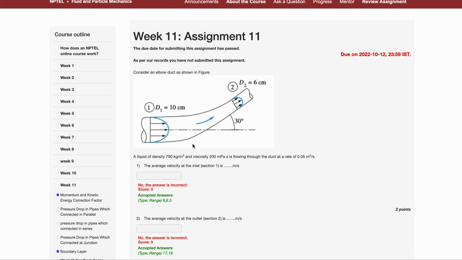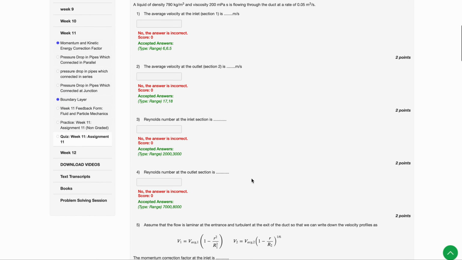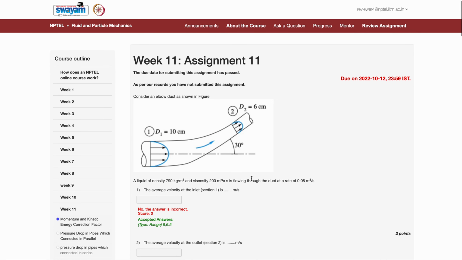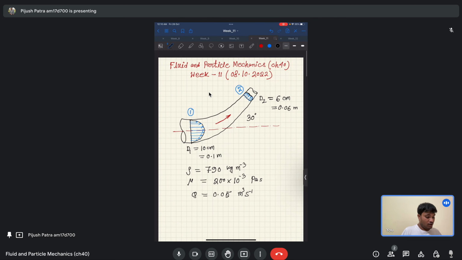The flow rate is flowing through the duct at a rate of 0.05 meter cube per second. So these are the data which are given there. This is how the problem looks like.